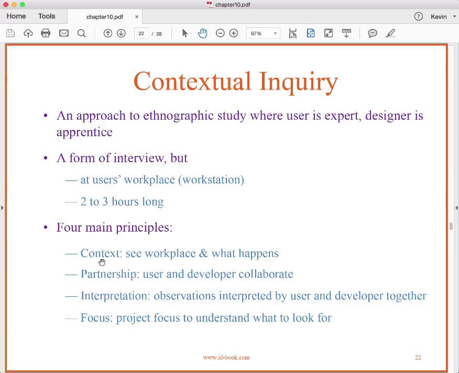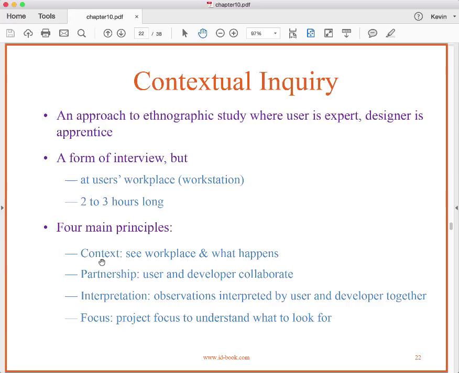And there are 4 main principles that we want to follow: context, partnership, interpretation, and focus. And what do we mean? Well, the context: see the workplace and see what happens, right? The partnership: the user and the developer collaborate. Okay, so you can actually talk about what's going on.